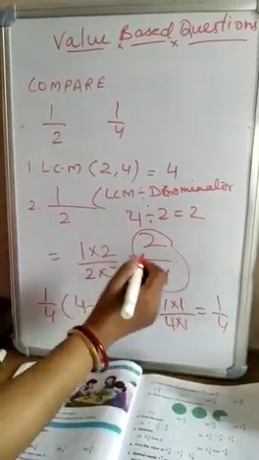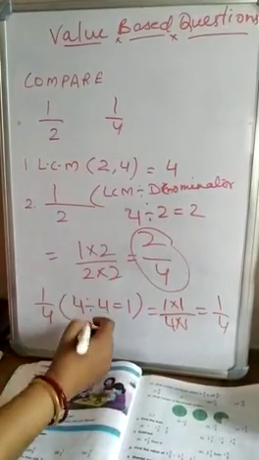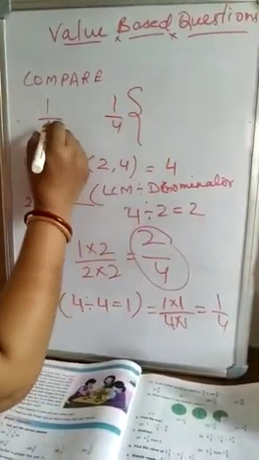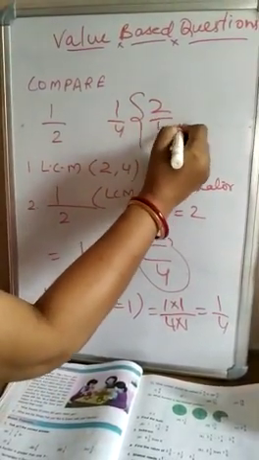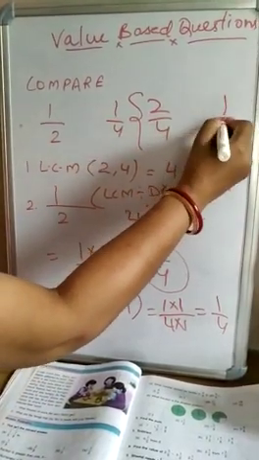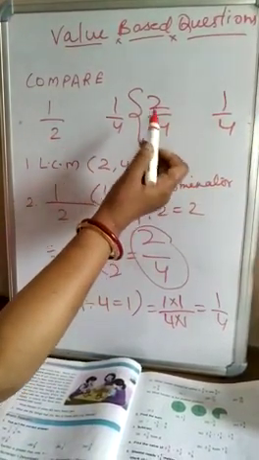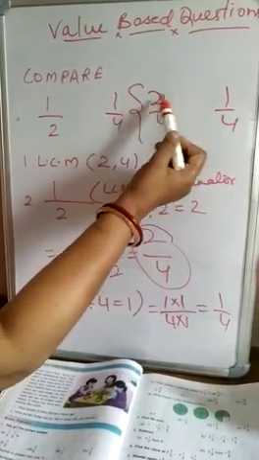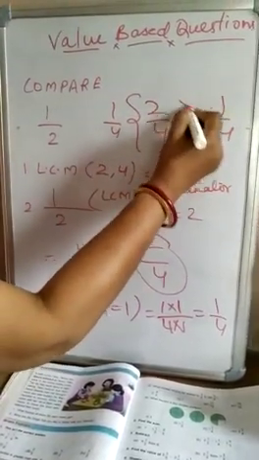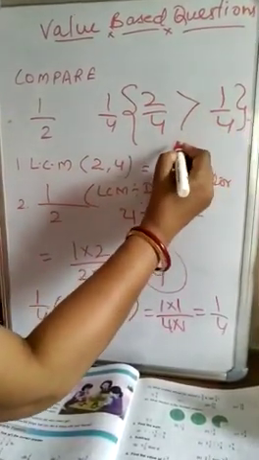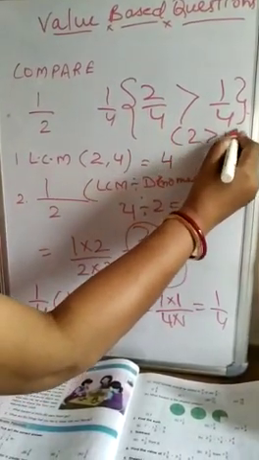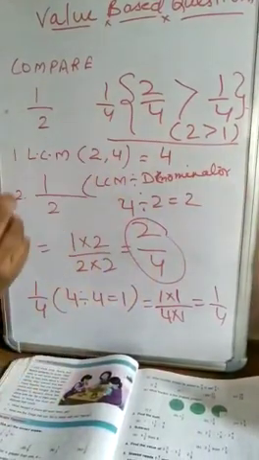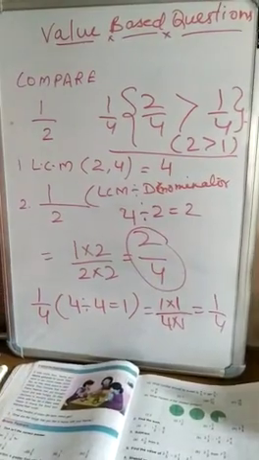So all of you see that 1 by 2 is 2 by 4, and this is 1 by 4. Here the denominators are the same, so we compare the numerators, 2 and 1. 2 is more than 1, so 2 by 4 is more than 1 by 4. In this way we will compare two fractional numbers.